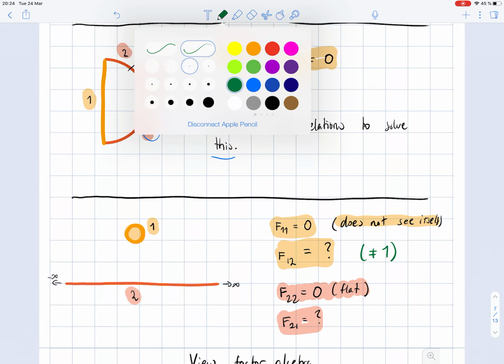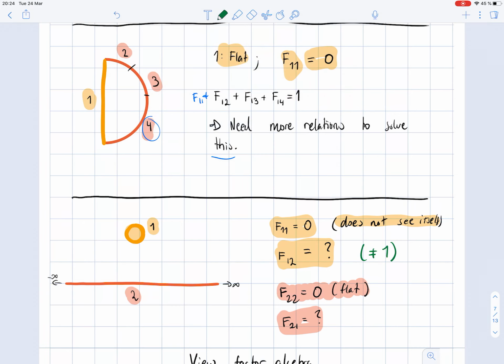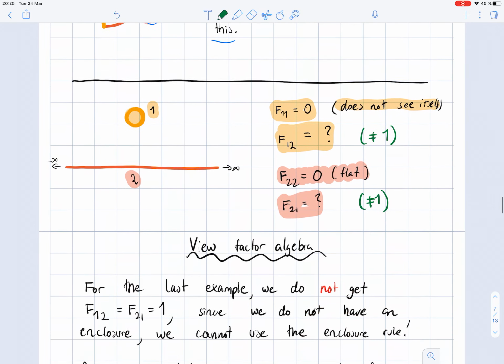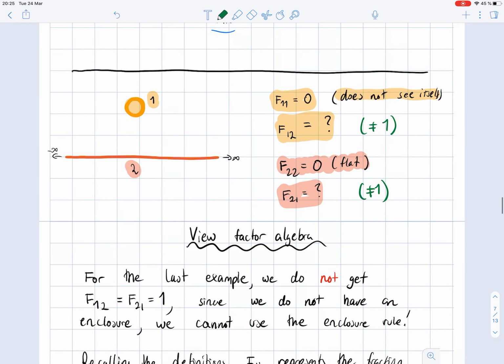That's not equal to 1 either. That's simply because neither of these geometries block the full field of view from the other one. So as I said, we do not get F12 equals F21 equals 1.